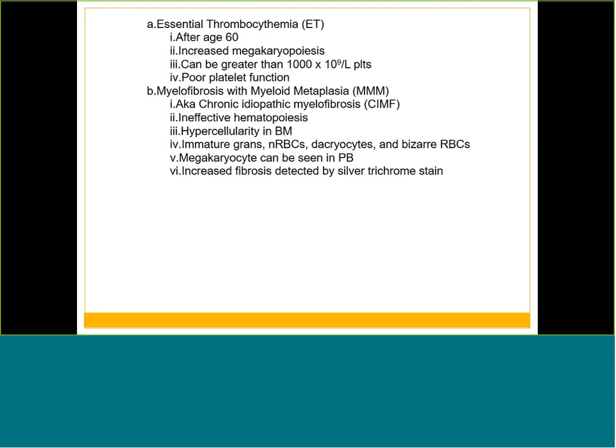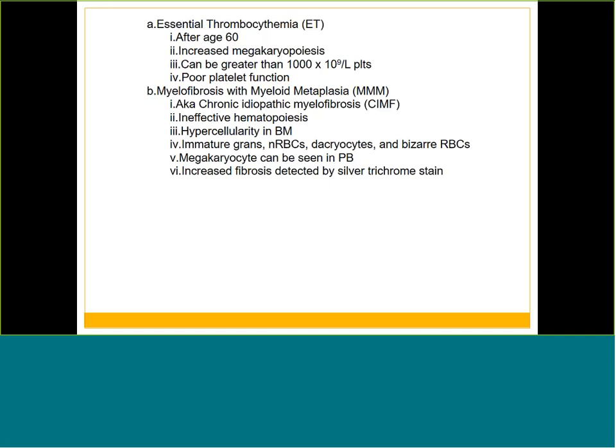The cells that we do get are kind of weird. So we're going to see some immature granulocytes, so metamyelocytes, bands showing up. You'll also see those nucleated red blood cells, so immature red blood cells showing up. Remember, that is a term with both the immature granulocytes and the nucleated red cells. That is what we would call leukoerythroblastic, because we have both the immature granulocytes and red cells showing up.